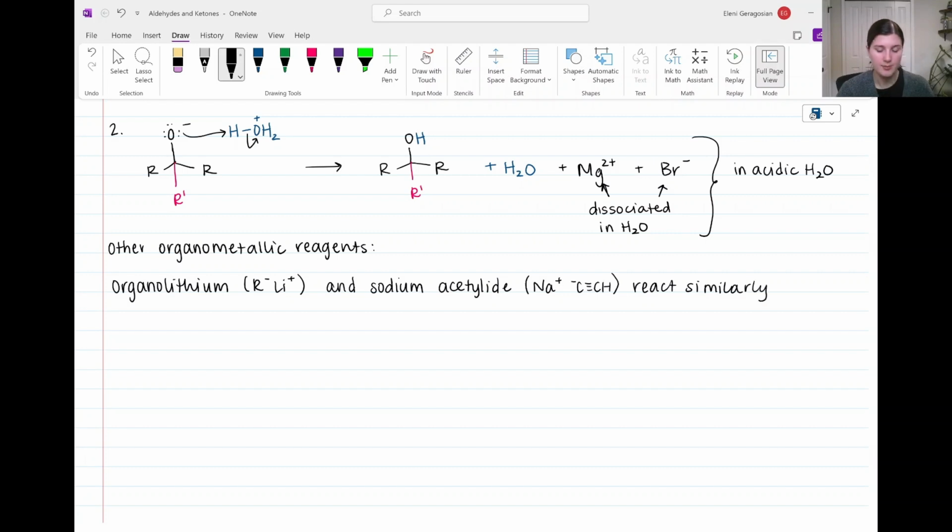So these react similarly, where that organic part of the organometallic reagents with a pair of electrons can add to the carbonyl carbon.